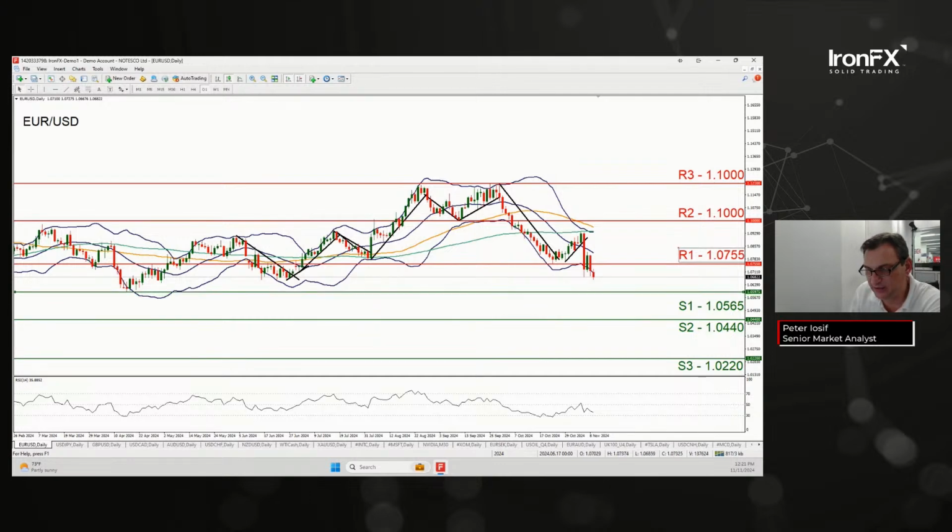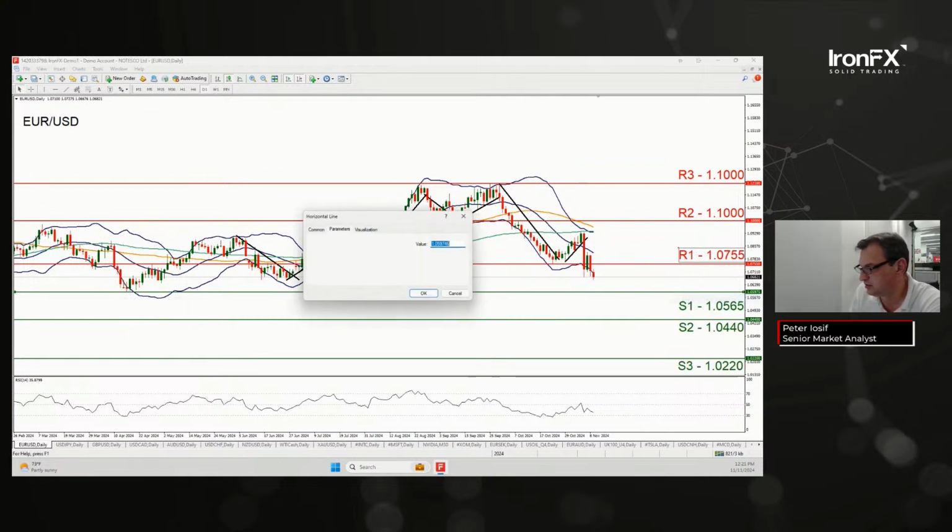Would be hiding and raising a bit the S1 to reach this true here, 1.06.